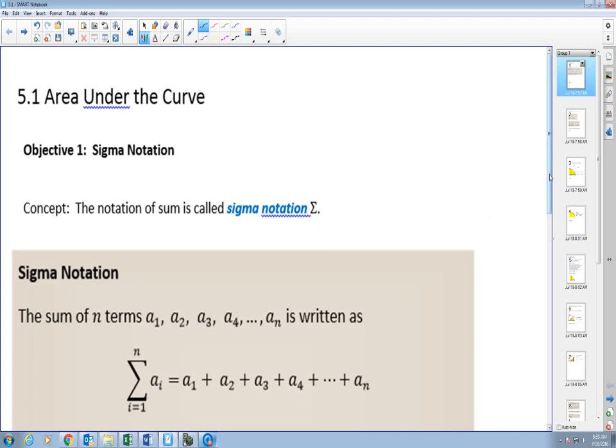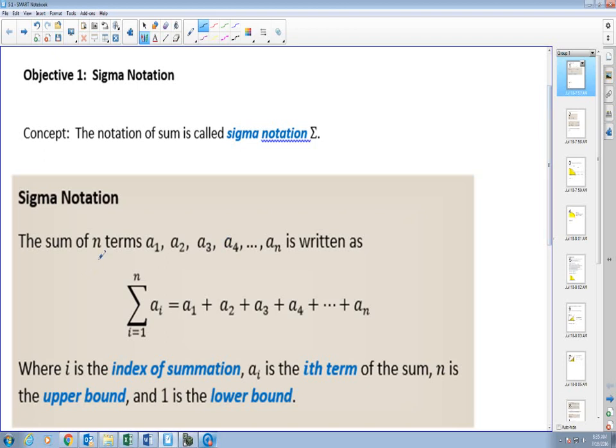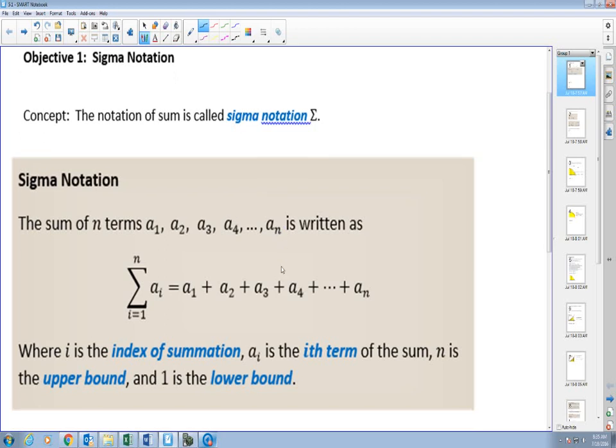So the sum of n terms, from the first term all the way to a sub n, is written as the sum from i equals 1 to n of a sub i, where a sub i is a sub 1, 2, 3, 4 all the way to n. We're going to add them all up. This is the way we express it.